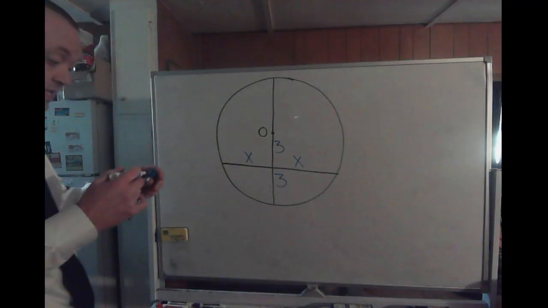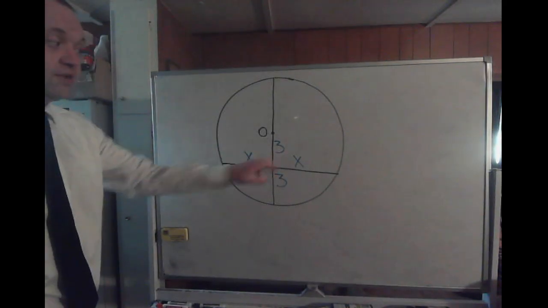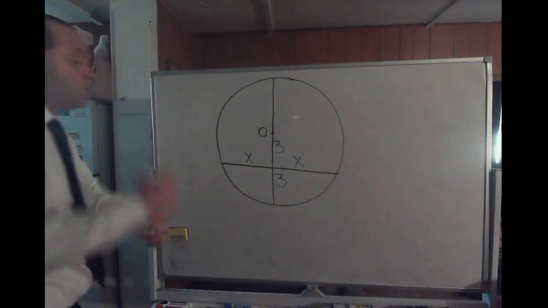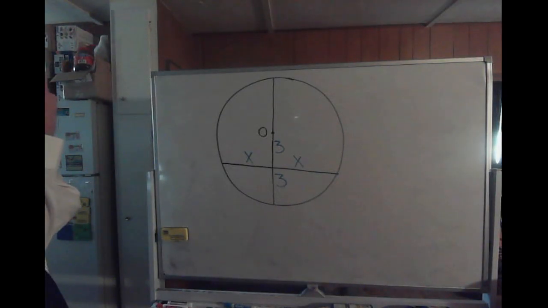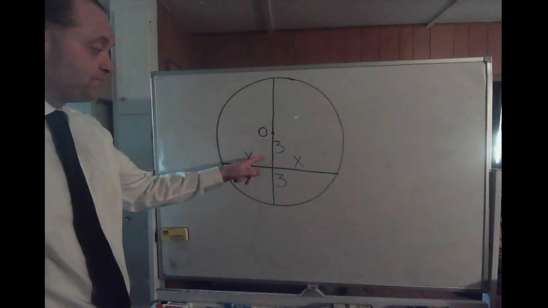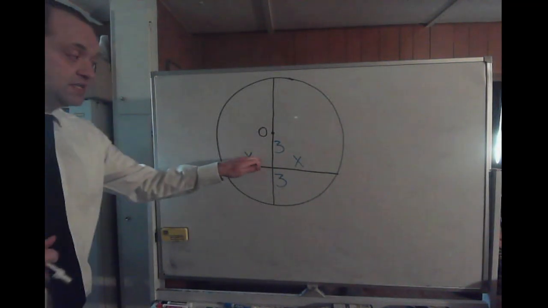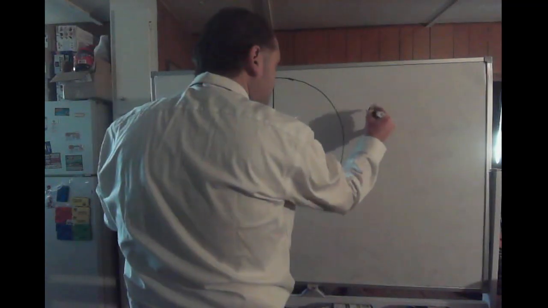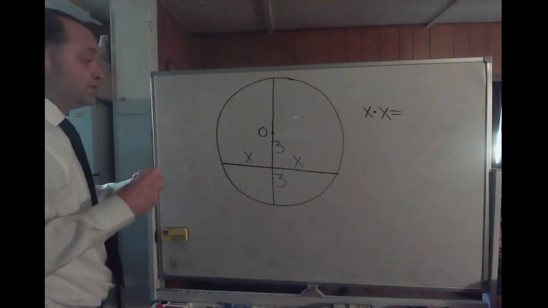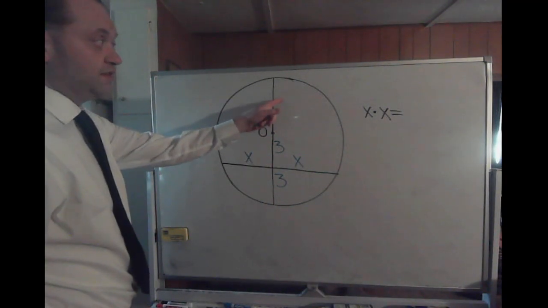Okay, so this time we're back to 2 chords intersecting inside of a circle, right? Let's start with the first chord here, the x and the x. You're going to take the product of one segment of the chord times the product of the other segment of the chord. Now you're going to set that equal to the product of one segment of the chord times the product of the other segment of the chord.